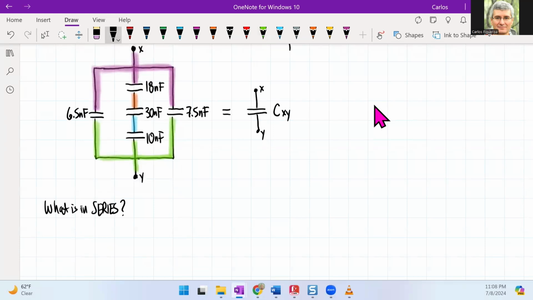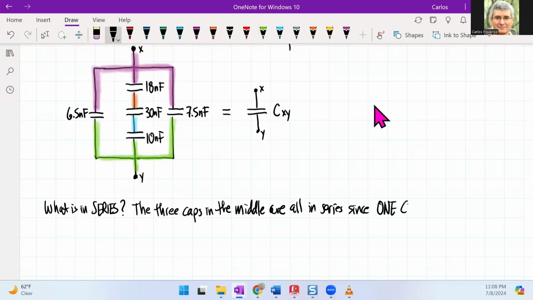And what I'm seeing here, the 3 caps in the middle are all in series, since one color connects each capacitor.